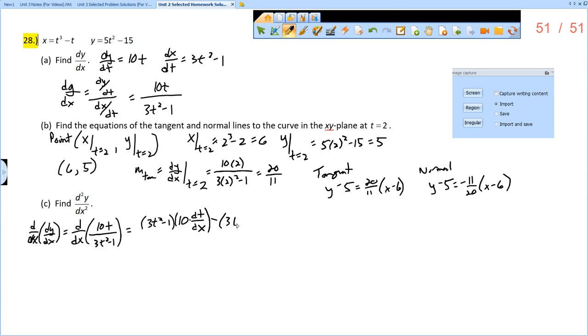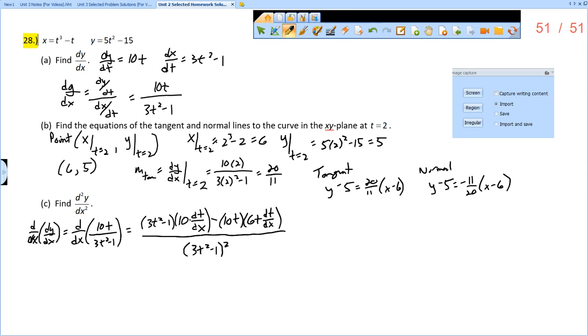Then minus the numerator 10t times the derivative of the denominator, which would be 6t times dt/dx, and then all divided by the denominator, 3t squared minus 1, quantity squared.